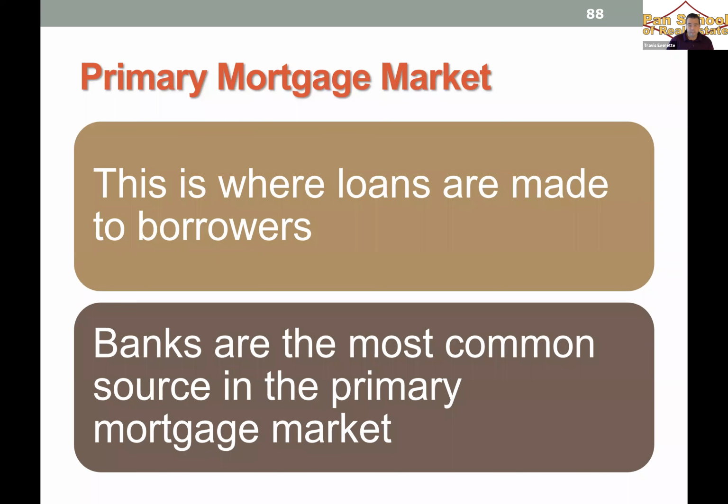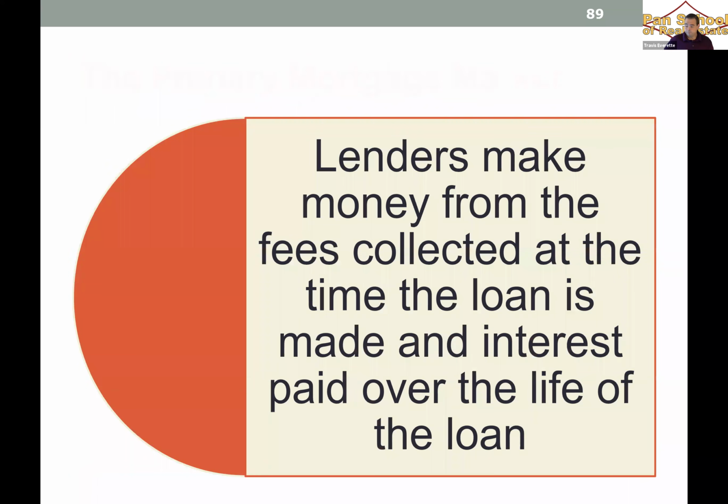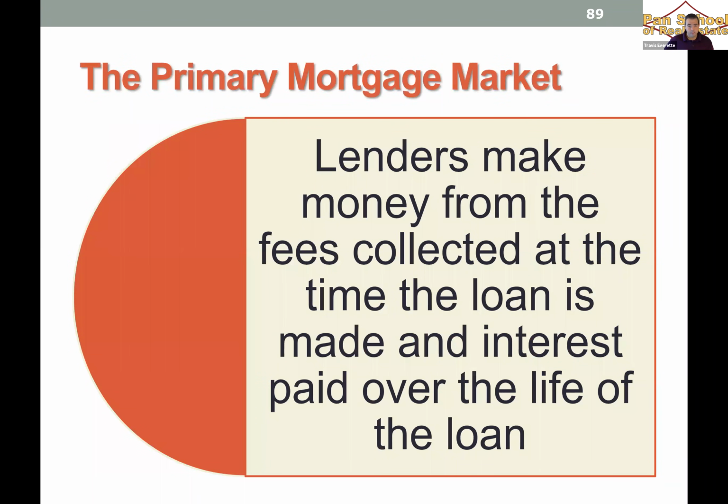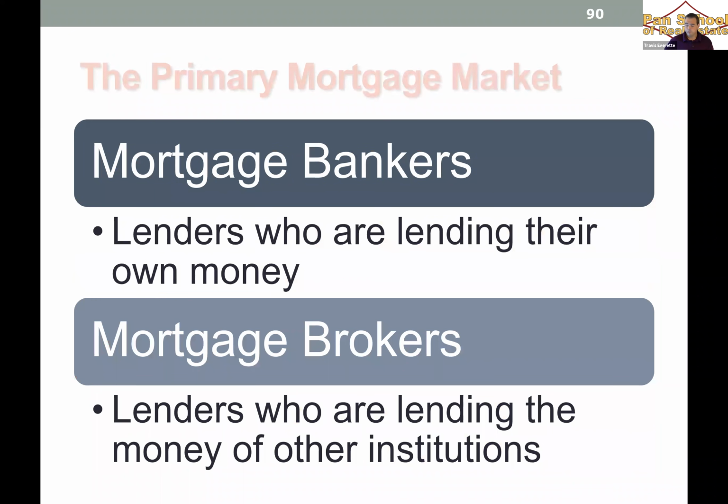It's what you think of as the lending industry when you think of finance. It's people borrowing money from a lender. That's the primary market. The primary market makes money by fees, as we talked about, but also by collecting interest over the full life of the loan. That's how money's made in the primary market.